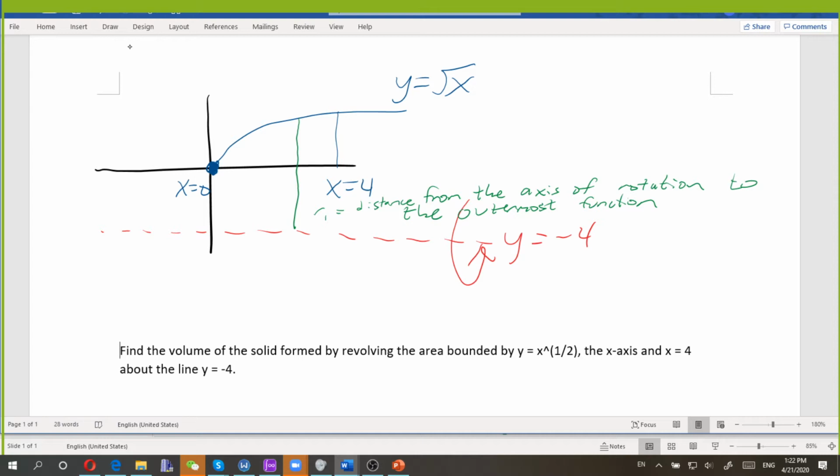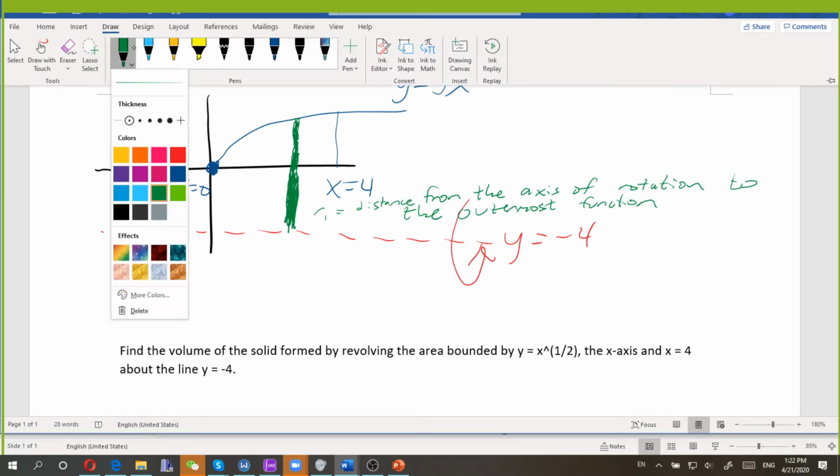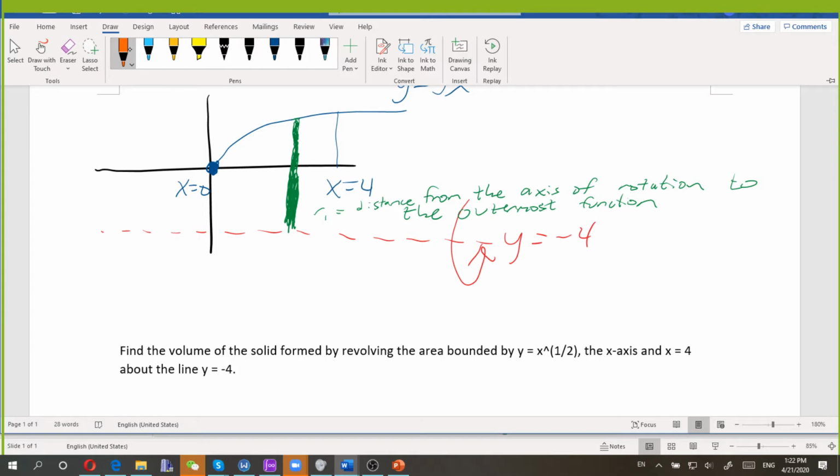Okay, give this a little bit of depth too. So that's a little bit rough to see. And then also let us see the part of this I want to cut out, which will be here in orange.